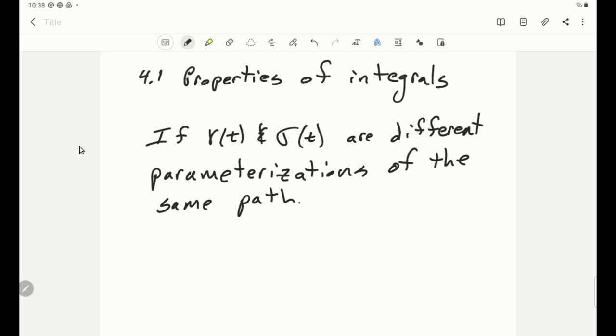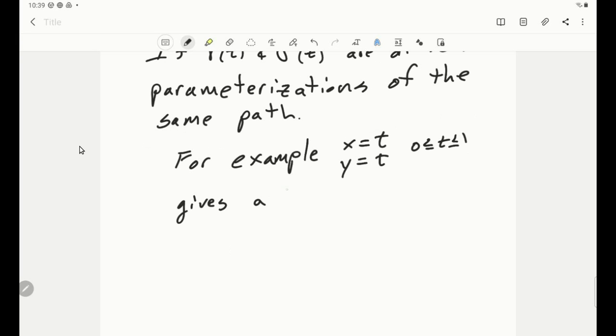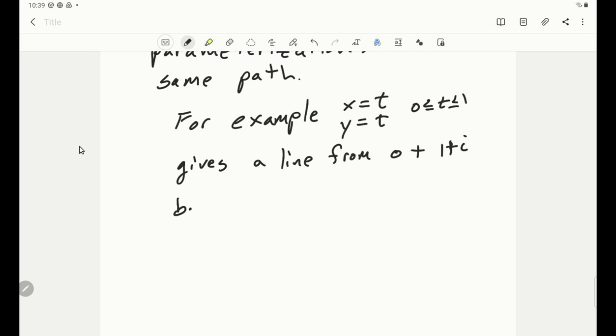Okay, so for instance, we use that straight line to get out to 1 plus I. And so, for example, x equal t, y equal t for 0 less than or equal to t less than or equal to 1 gives a line from 0 to 1 plus I. But x equal t, y equal 2t, 0 less than or equal to t less than or equal to half does as well.